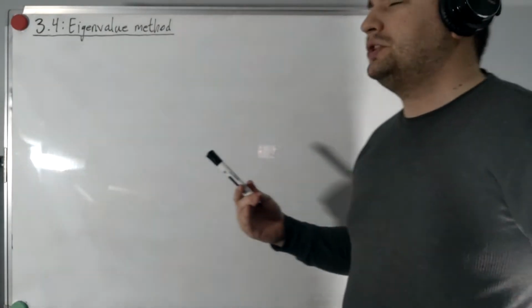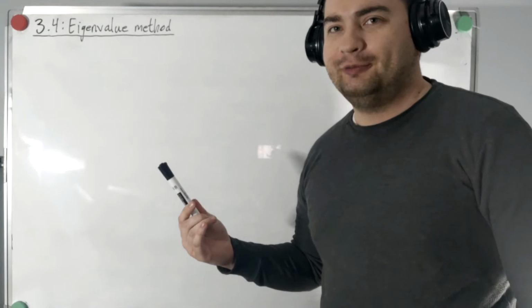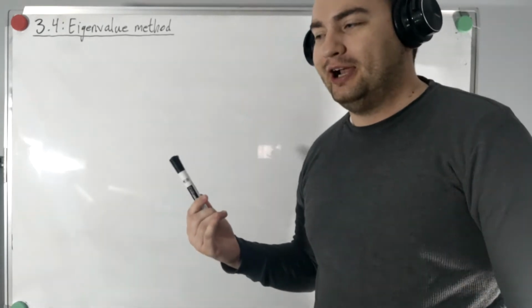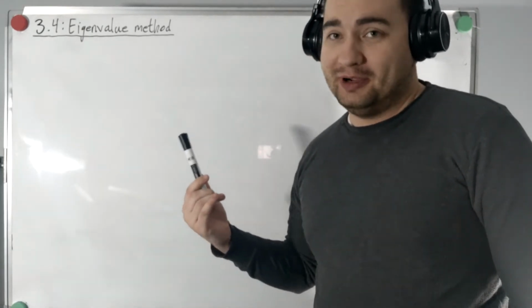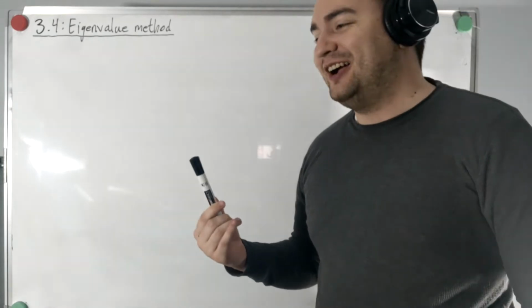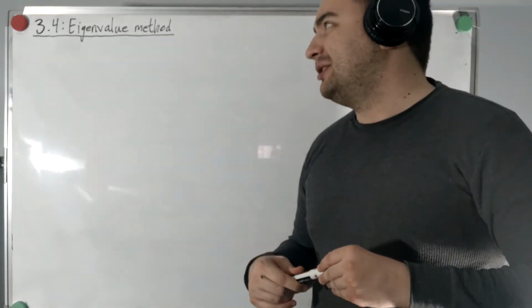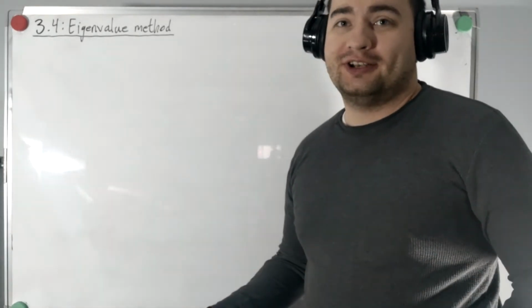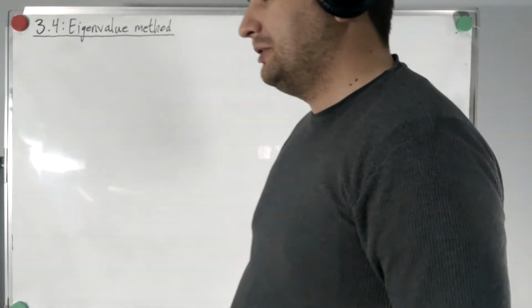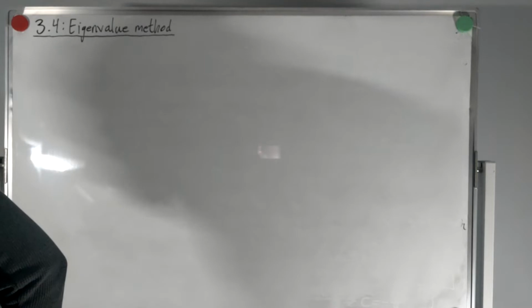Now, they really shouldn't call 3.4 the eigenvalue method, because both 3.4 and 3.7 are about the eigenvalue method. And those will be what we spend the remainder of the class on. So might not get through everything today, but that's fine. We have time in the course.